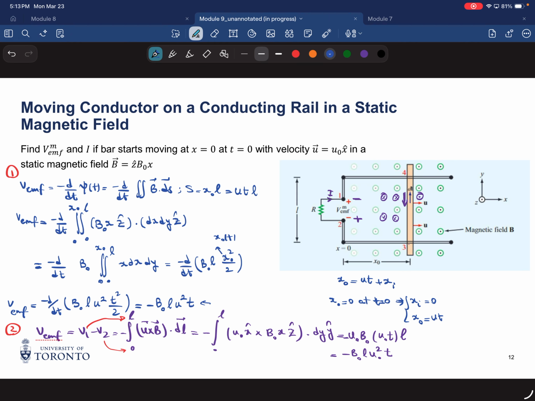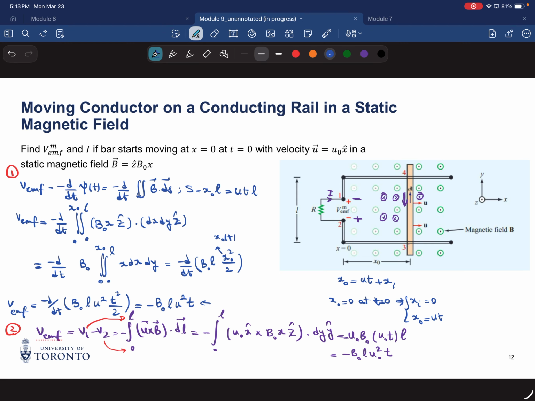Because we just learned that we could model this movement and the Vm that is being created by that EM, the motional electric field. This motion produces an electric field inside the rod, and that electric field produces that voltage difference.